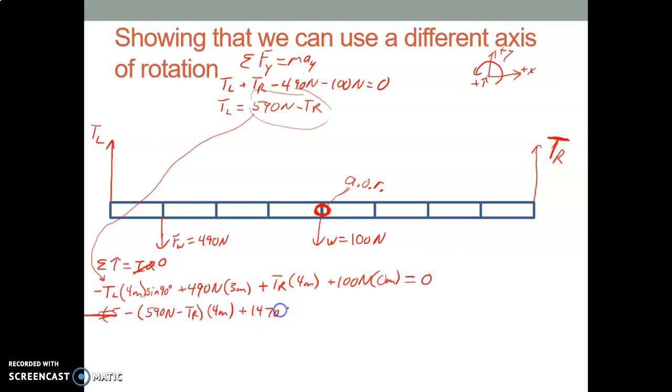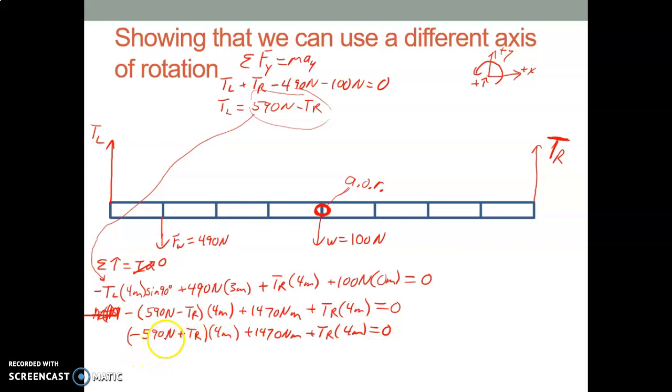Plus 1470 newton meters plus T sub R times 4 meters, and that's equal to 0. Now we have one equation and one unknown. We can substitute this through. So this is a negative sign, and it distributes through. So negative 590 newtons plus T sub R times 4 meters plus 1470 newton meters plus T sub R times 4 meters equals 0.